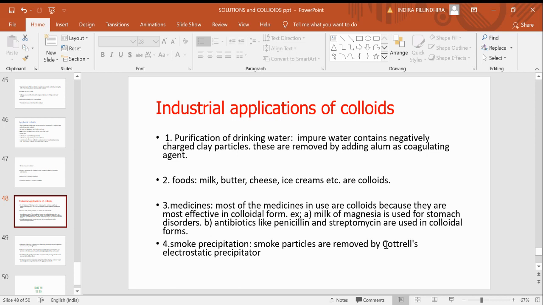Through power, high voltage electrolytes will be used there. Okay, so here the smoke particles like clay particles, they are also charged particles. So the smoke particles are removed by the Cottrell electrostatic precipitator. Okay, so now we'll continue the application of the colloids in the next slide.